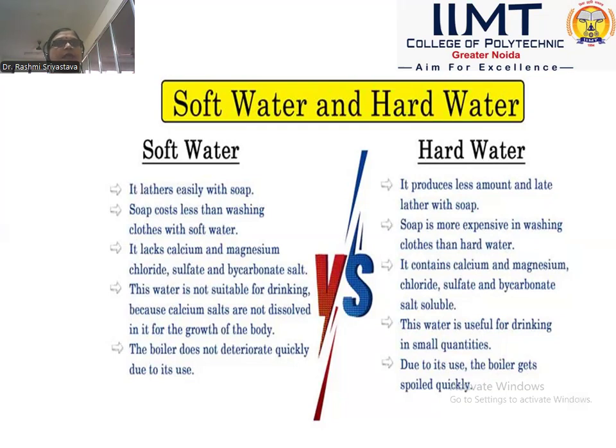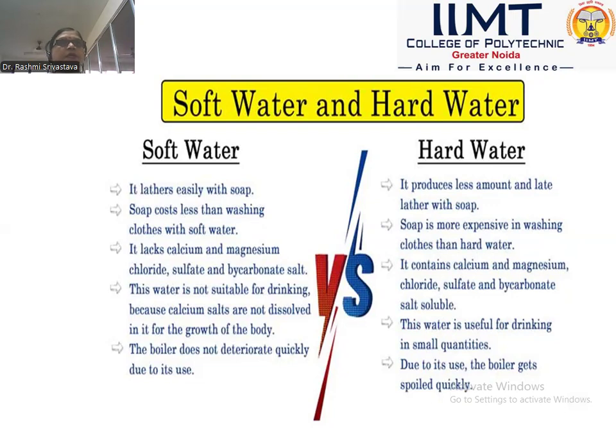So all chemical reactions will proceed with the help of distilled water, because soft water has less content of minerals, which does not stop the proper proceeding of any chemical reaction.